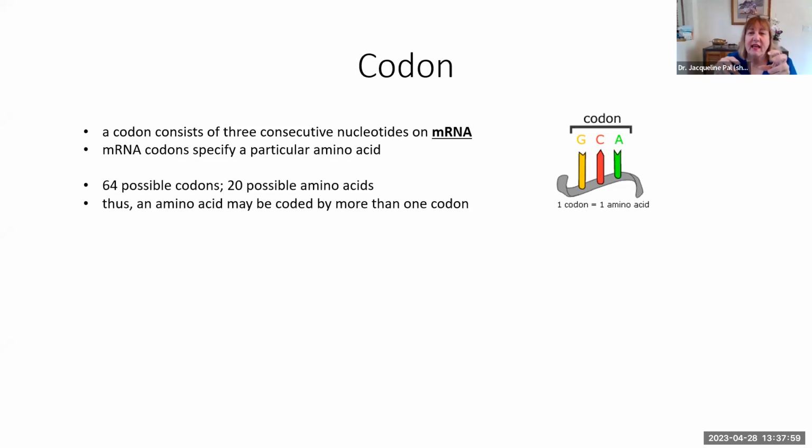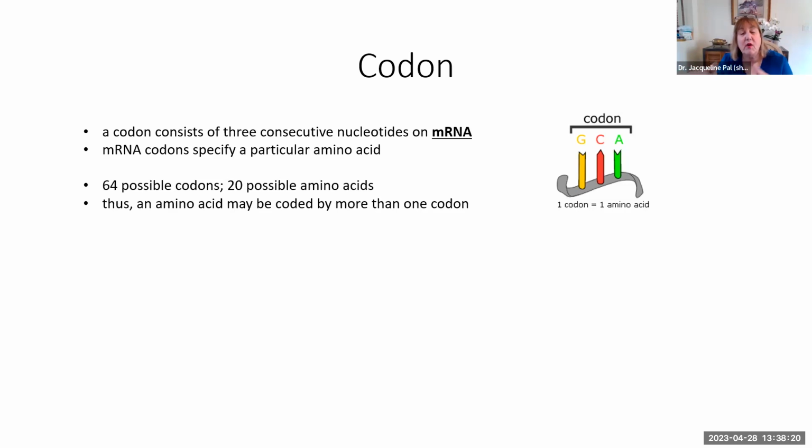And if we take the 4 base possibilities, A, U, C, and G, and we do all the possible combinations, there's 64 possible combinations. But as we learned earlier, there's only 20 basic amino acids.